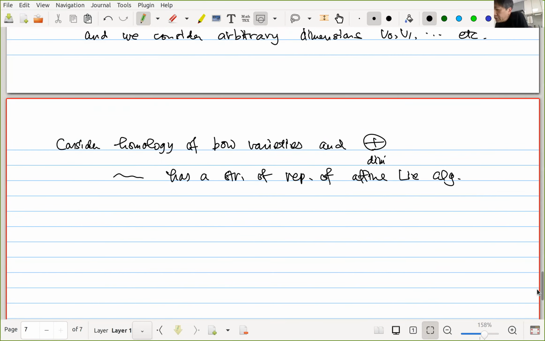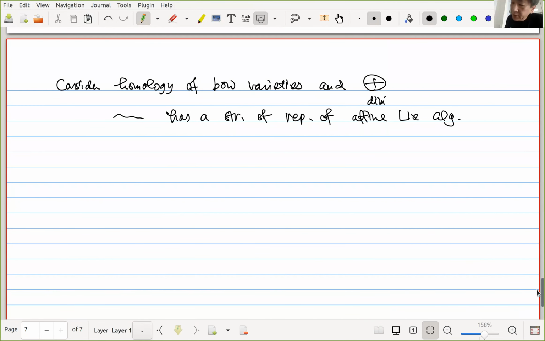Let me make this a little bit more precise. This is not the ordinary homology of M zeta, which doesn't behave well. If you are familiar with geometric Satake, then you see why the following construction is natural.